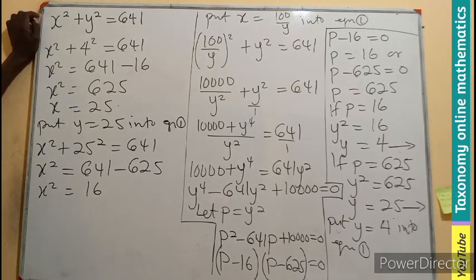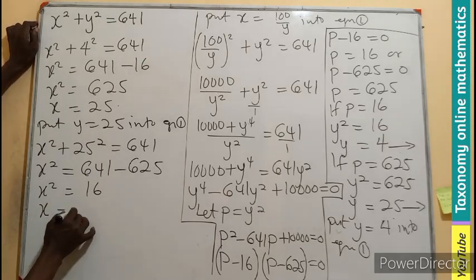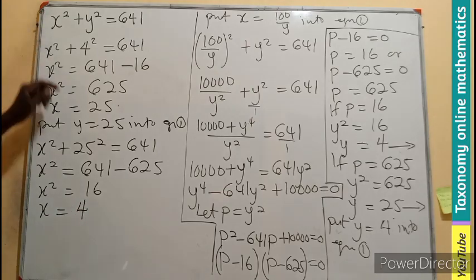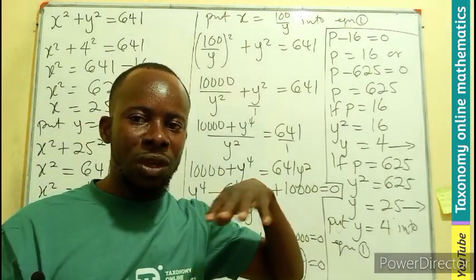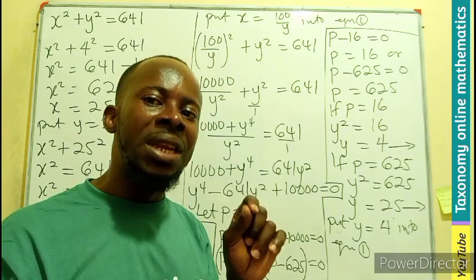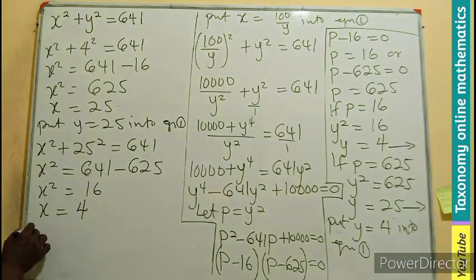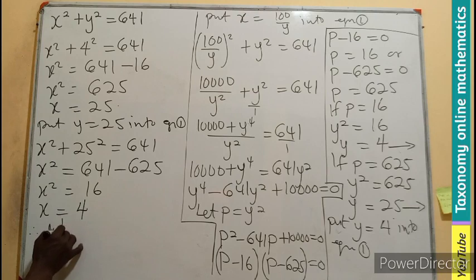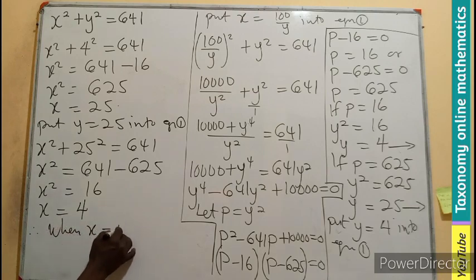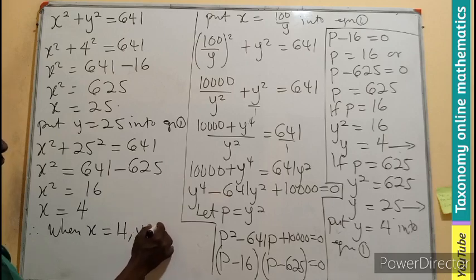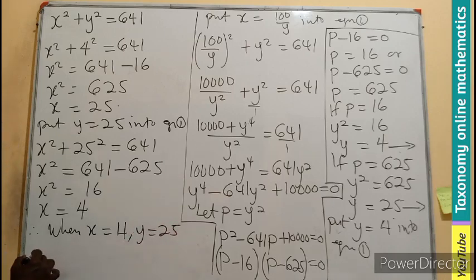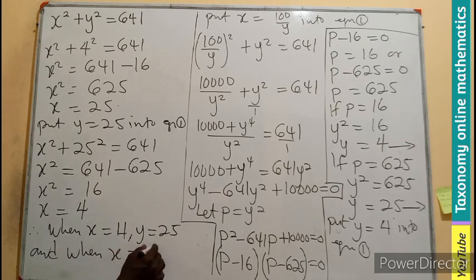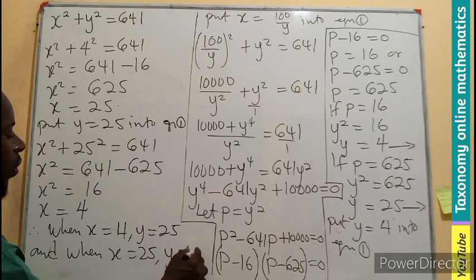If you perform this subtraction and find the square root of both sides, x will be equals to 4. Don't forget, we are picking the positive values here because of logarithm being involved. So therefore, when x equals to 4, y will be equals to 25. And when x equals to 25, y will be equals to 4.